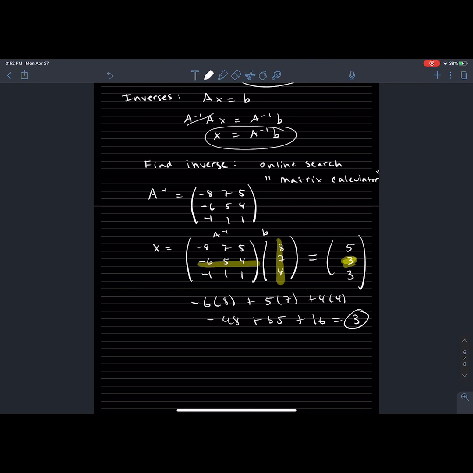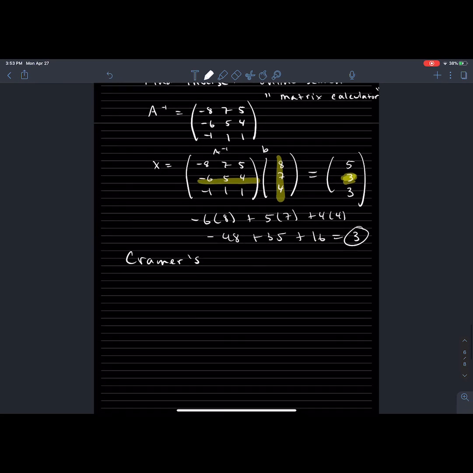And last but not least, again, we can use Cramer's. I'm not going to actually do this one by hand, but we can do it using the technology that we just pulled up.